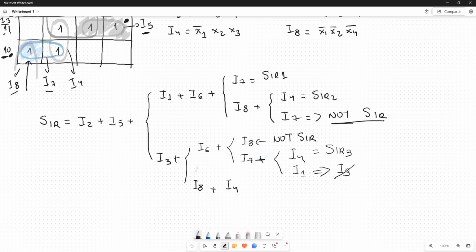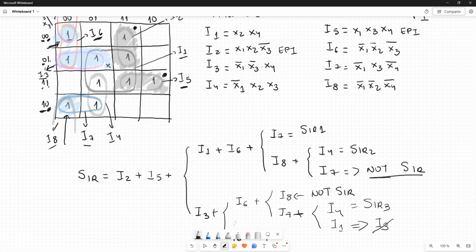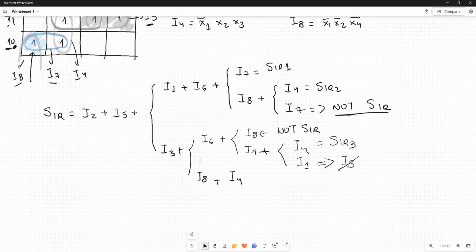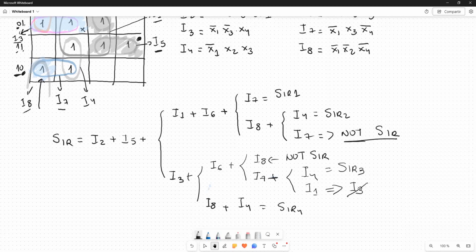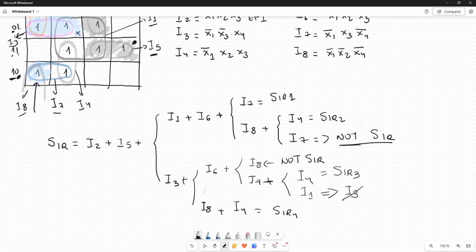If we use implicant 4, we are covering these two ones, and we have finished. We have a new solution that can be irredundant sum 4. And if we used implicant 7, it's not irredundant, I'm a little tired.